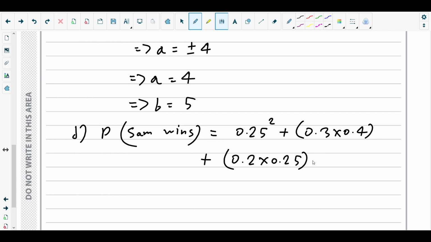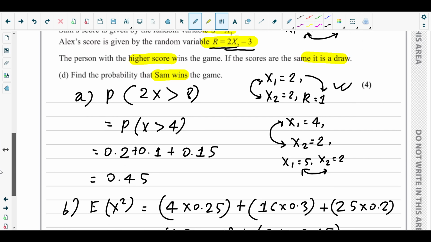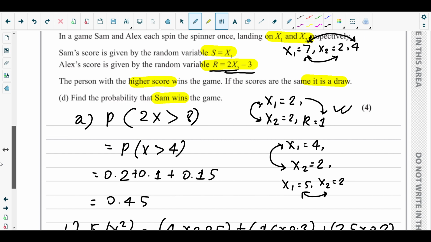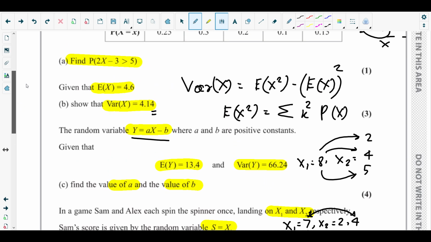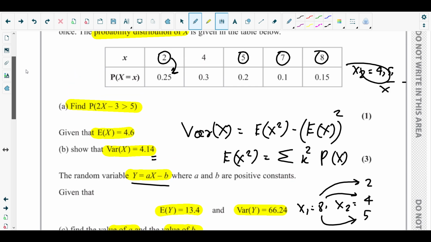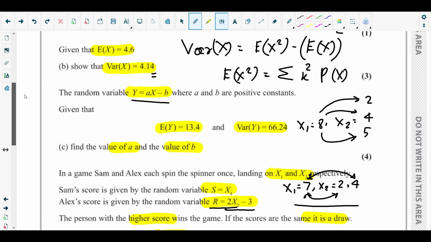Next is x1 is 7, x2 is 2. Again, x1 is 7, x2 is 4. 2 possible combinations here: 7, 2 and 7, 4.